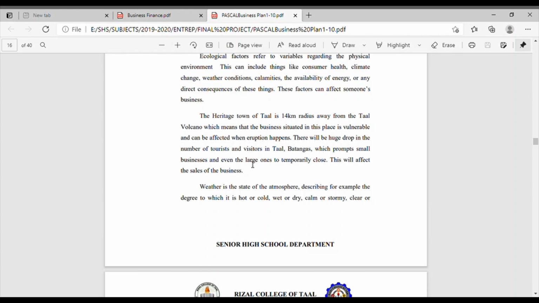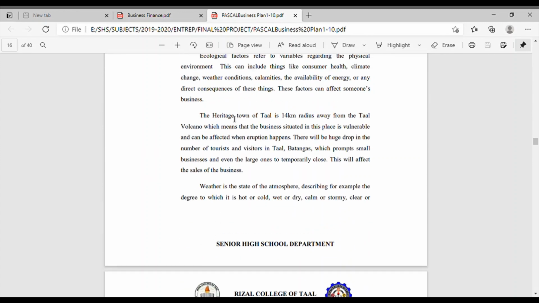There will be huge drop in the number of tourists and visitors in Taal Batangas, which prompts small businesses and even the large one to temporarily close, which already happened dahil nga sa pandemic. This will affect the sales of the business. Again, diniscuss nila kung paano ang natural factors ay nakaapekto sa performance ng business.